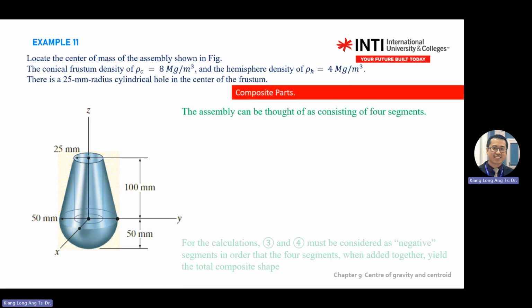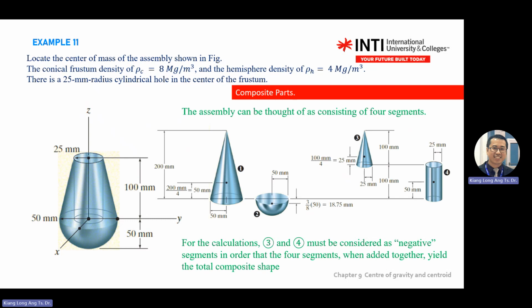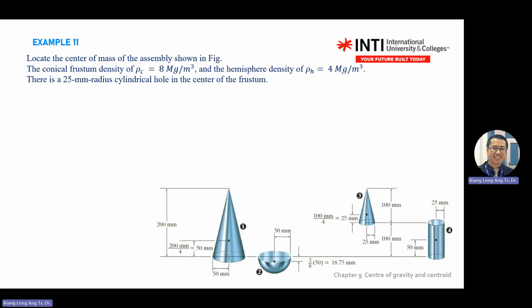First step, break them into composite parts. In this case, you have this big cone plus this sphere minus the small cone minus the small cylinder. Where is the location? The location of the moment or centroid, refer to the table. There's an equation there. Substitute the value, then minus.